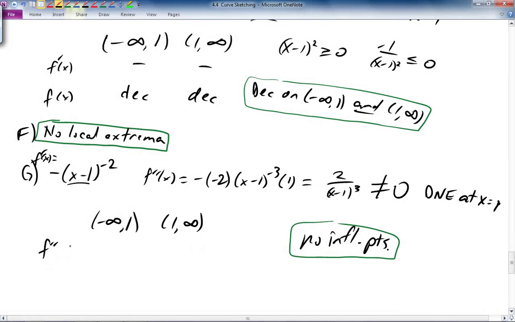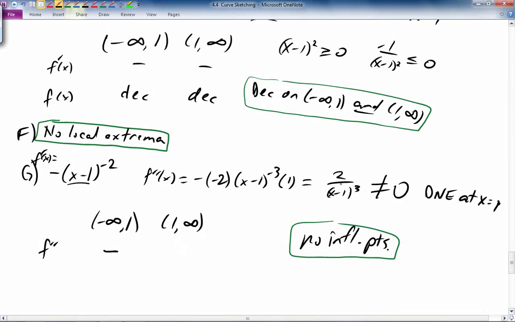And what is the second derivative? Well again, the numerator is always positive in the second derivative, isn't it? So let's say I plug in 0. Well, then I have 0 minus 1, that's negative 1. 2 over negative 1 cubed. Negative 1 cubed, 3 is an odd power, so the result is negative. I get 2 over negative 1, which is a negative number.